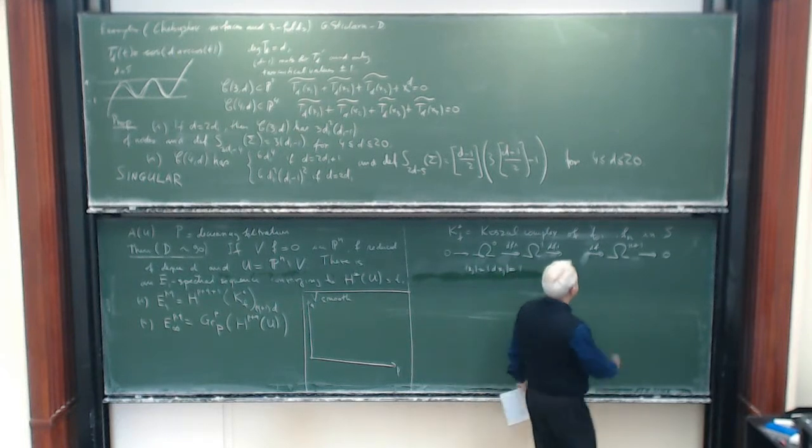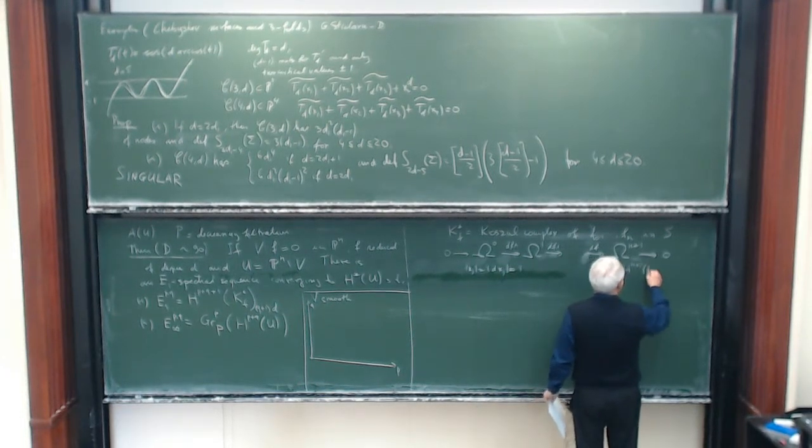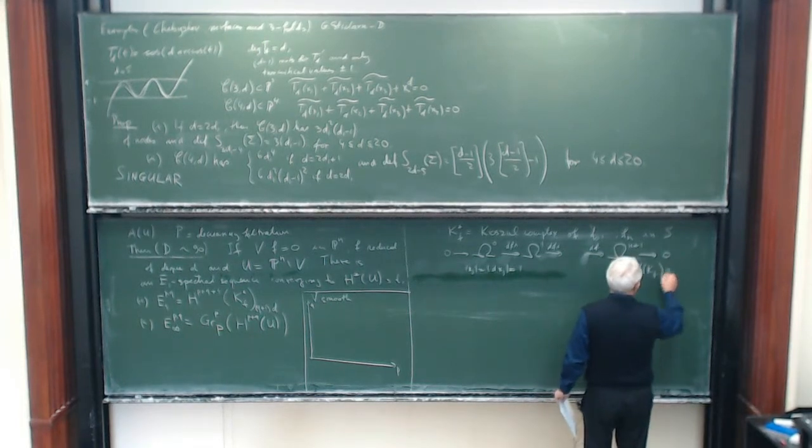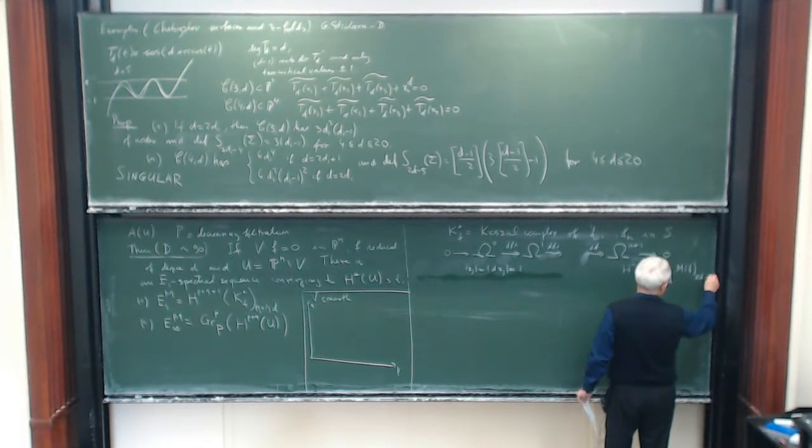And here, the cohomology of the last term is, if I look at some homogeneous component of the form kd, exactly isomorphic to the Milnor algebra in degree kd minus n minus 1.